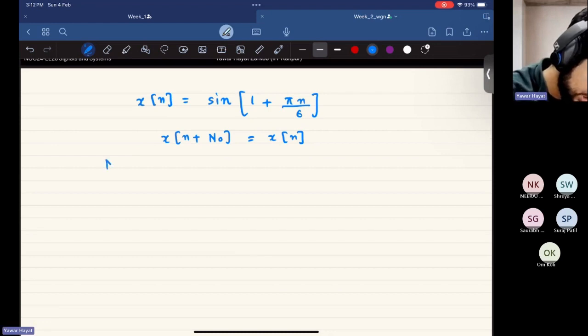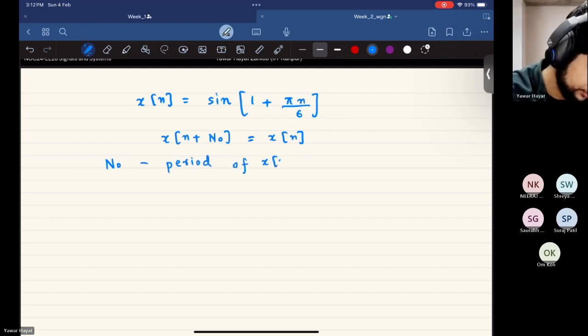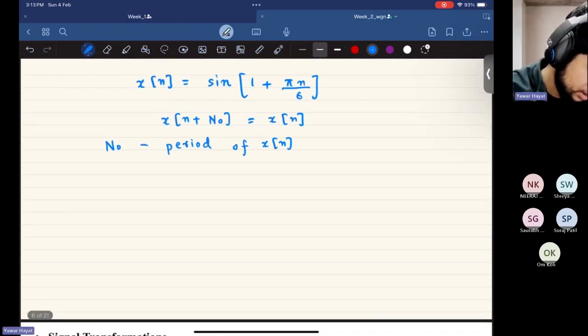We'll call this n naught the period of x of n. And note this n naught would be a non-zero integer.